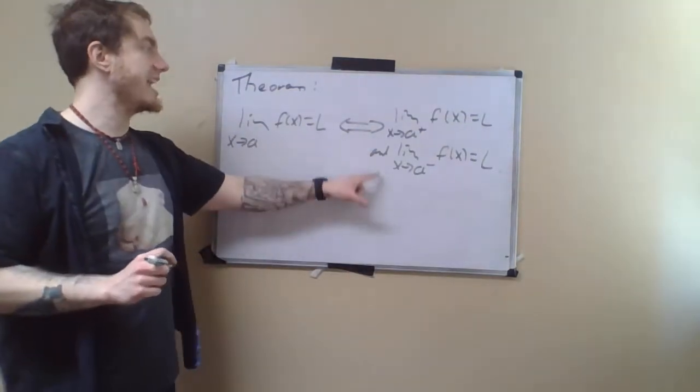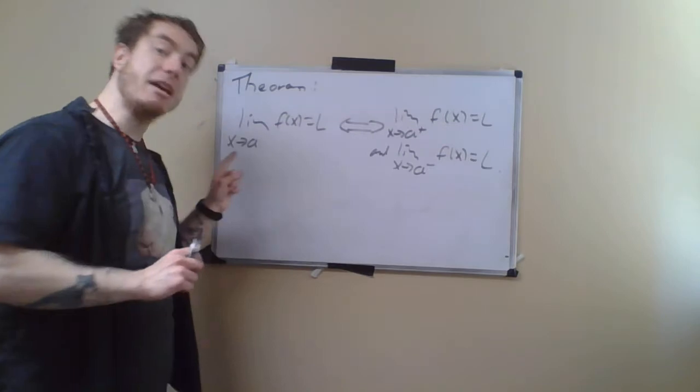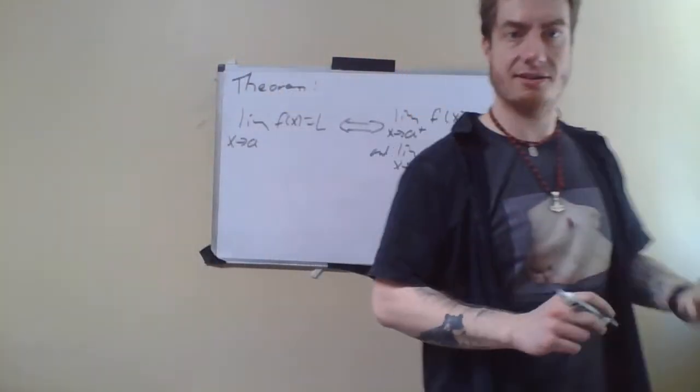If we know the right and the left-hand limits exist and they're equal to L, then the limit has to be L and thus exist too.